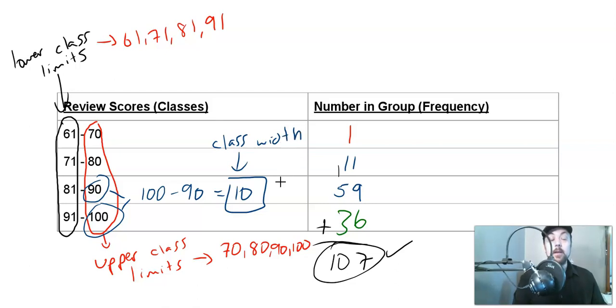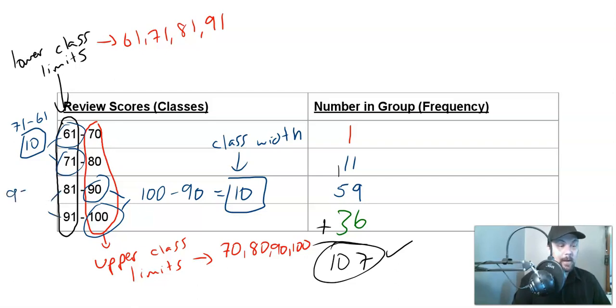And I would get that value even if I calculated it somewhere else. For instance, if we take these two consecutive lower class limits, it's 71 minus 61, which again is 10. So it doesn't matter where you do the calculation.